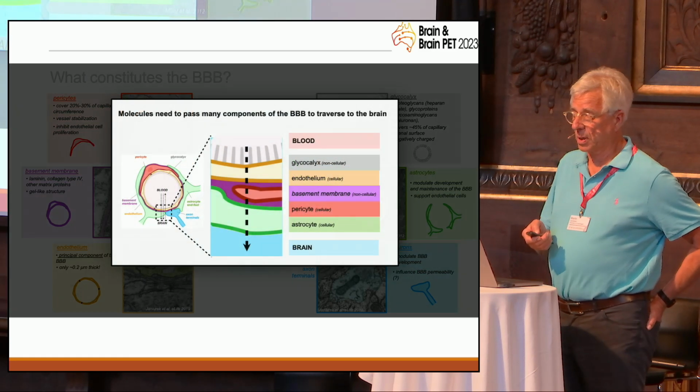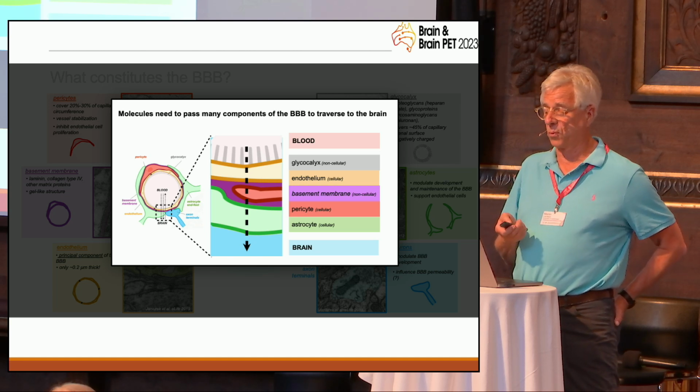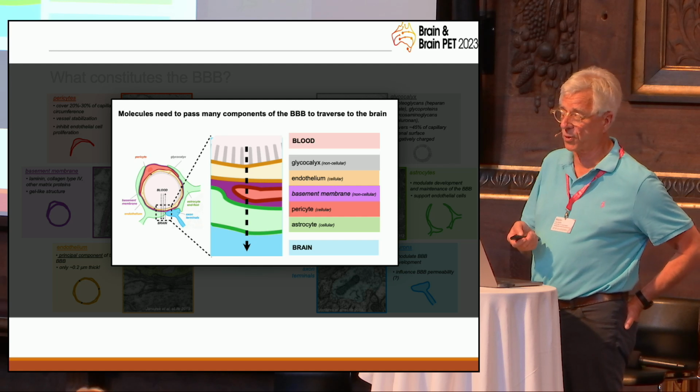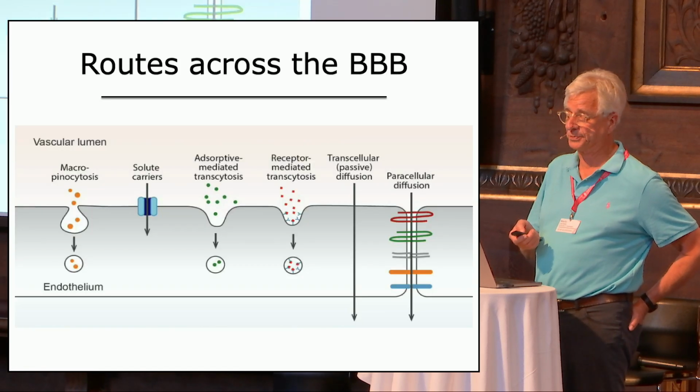You can have here a summary of the different barriers, but I'll just show you how we have looked into the barrier properties of the glycocalyx in a study that we published some years ago.